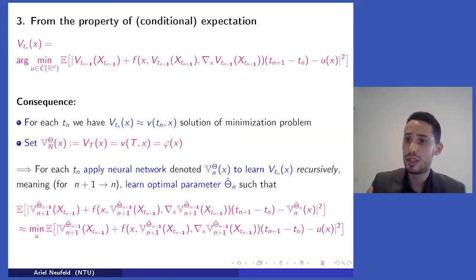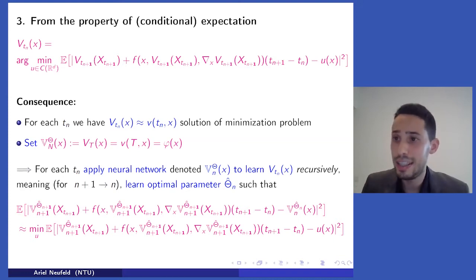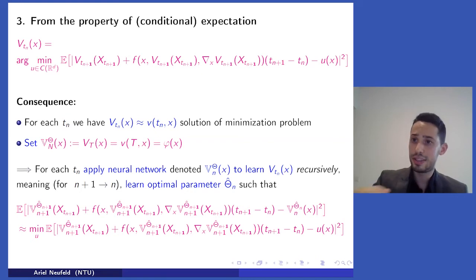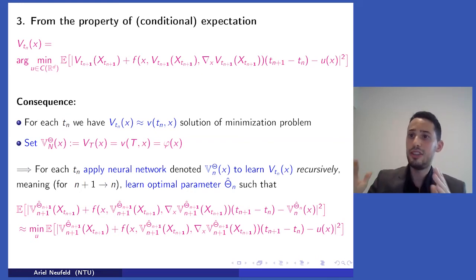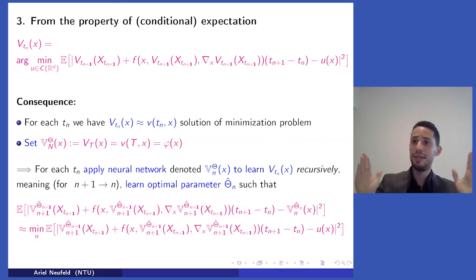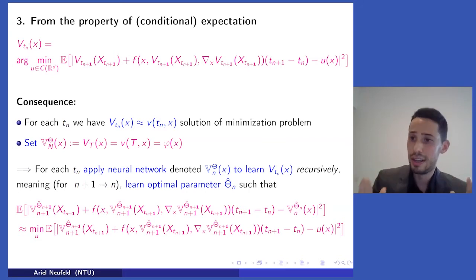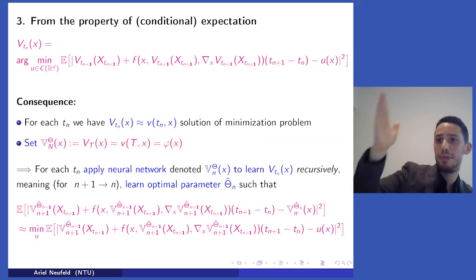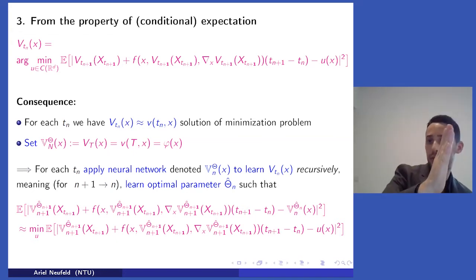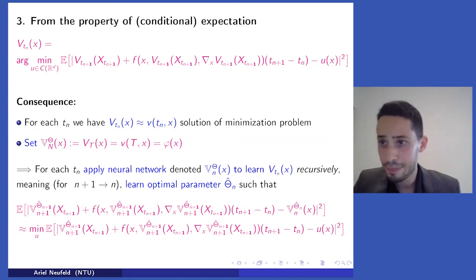Instead of trying to solve the nonlinear PDE at once, the idea is to first define a time grid, and divide the whole time interval 0 to T into n plus 1 time intervals, going backwards. So from T to Tn plus 1, Tn plus 1 to Tn, Tn to Tn minus 1, Tn minus 1 to Tn minus 2, and so on till you reach 0.